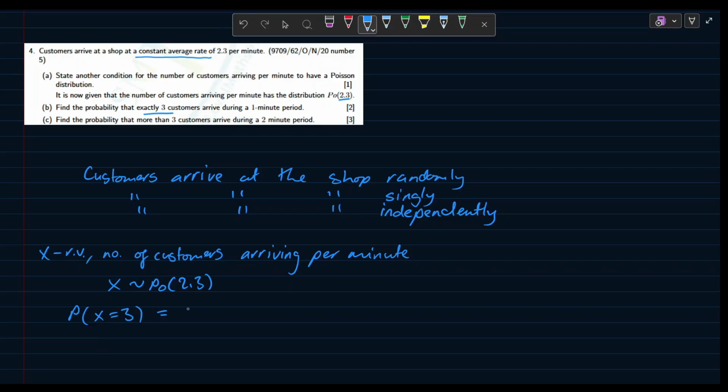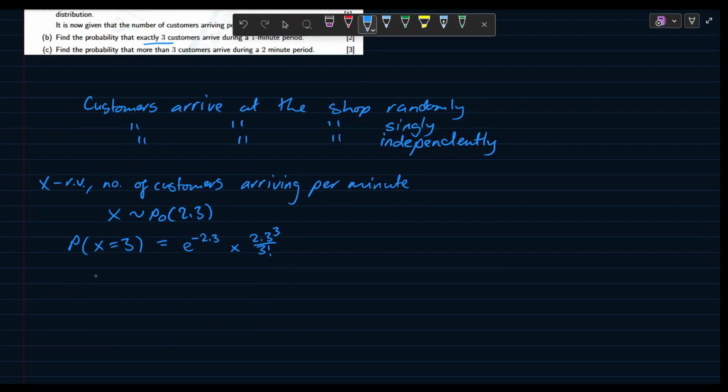So using our formula for Poisson probabilities, that's e to the negative lambda, so 2.3, multiplied by lambda to the r over r factorial. So let's punch this into our calculator. That's e to the negative 2.3 multiplied by 2.3 cubed over 3 factorial, and this gives us 0.203, and that would be our final answer.